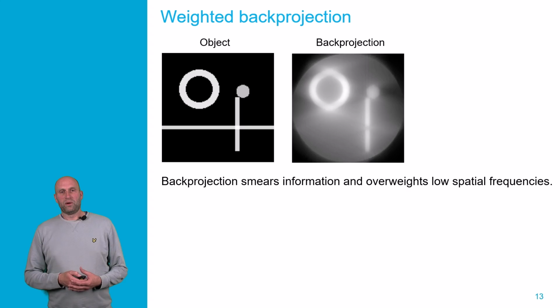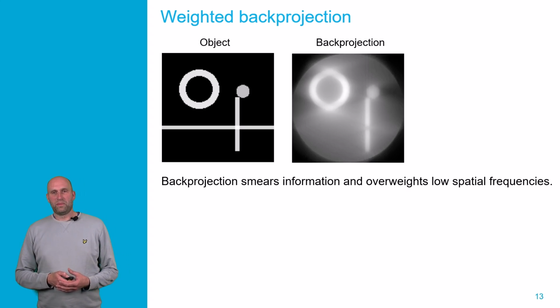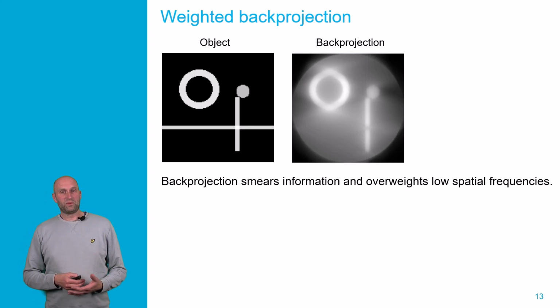Now, what you've also probably seen is that in our back projection, so the reconstruction that we have obtained from back projecting our sinograms, we obtain an object representation that seems to be blurred. So it seems that low resolution information is more abundantly present in these images compared to the sharp original object that we are trying to reconstruct. You can understand that from looking at how the back projection actually works.